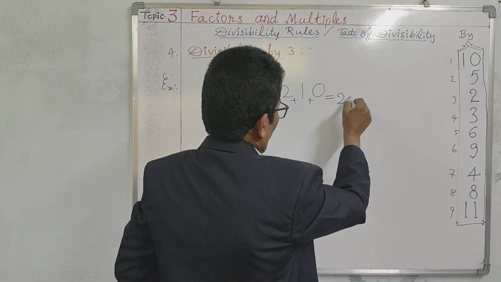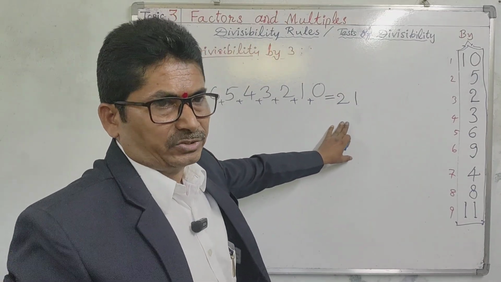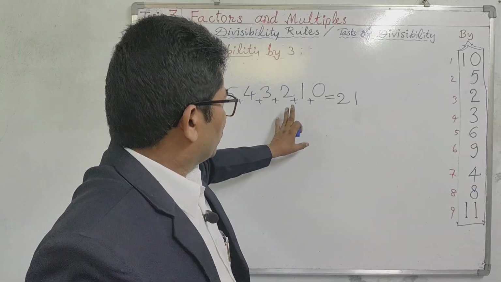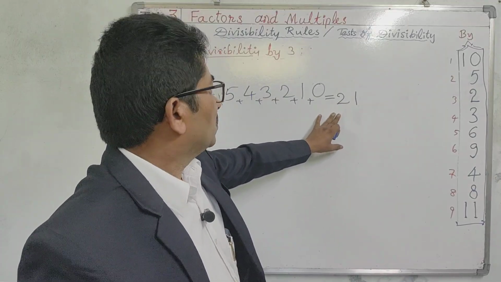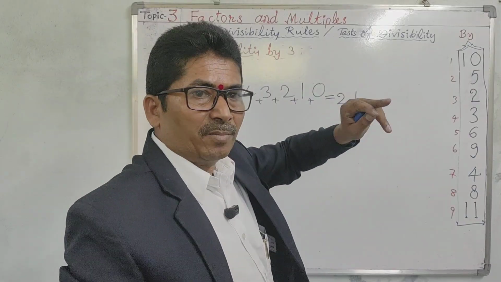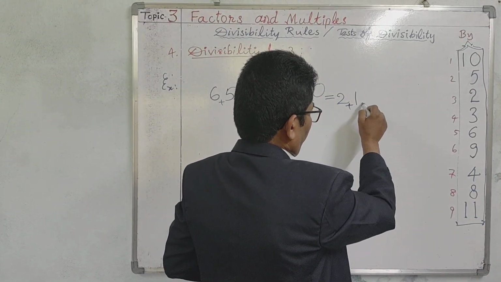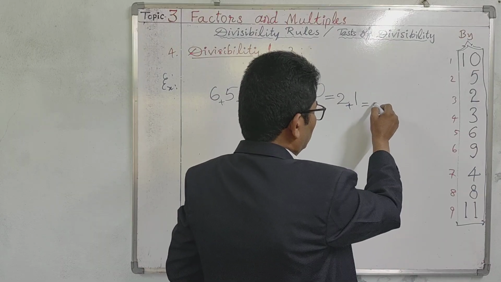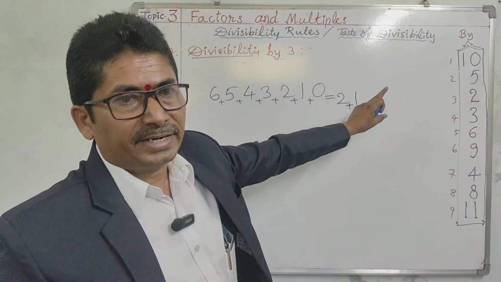So we got 21 as the sum of the digits. So you understood it is divisible by 3. Yes. So after getting this 2-digit number, again we have to add 2 plus 1, 3.